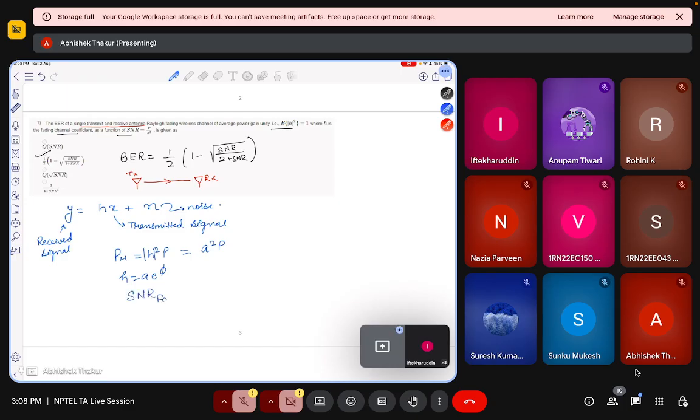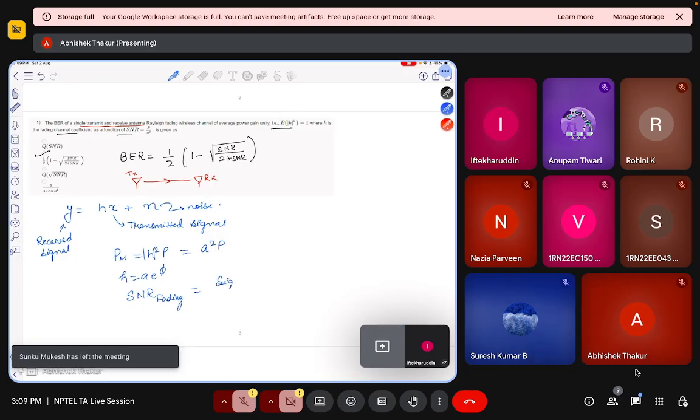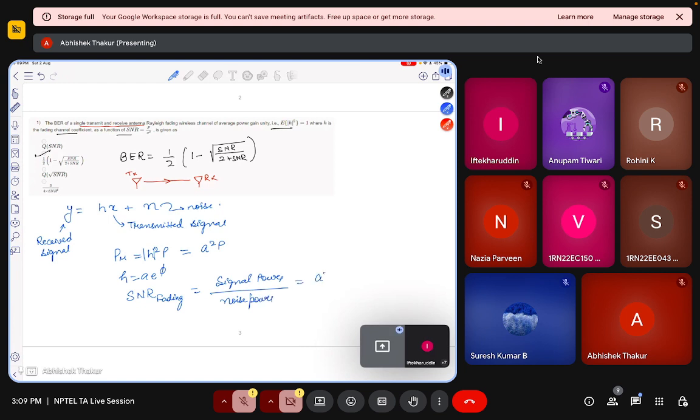So SNR of this fading channel coefficient will be signal power by noise power. So this will be A squared P by sigma squared.